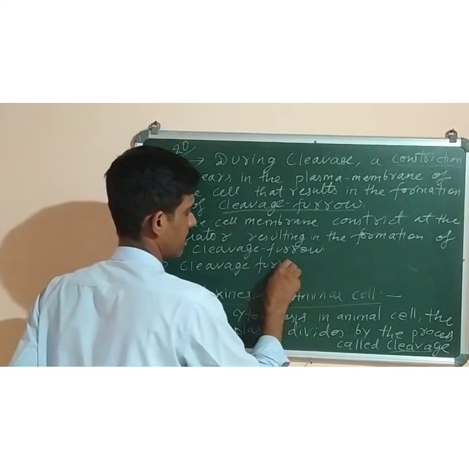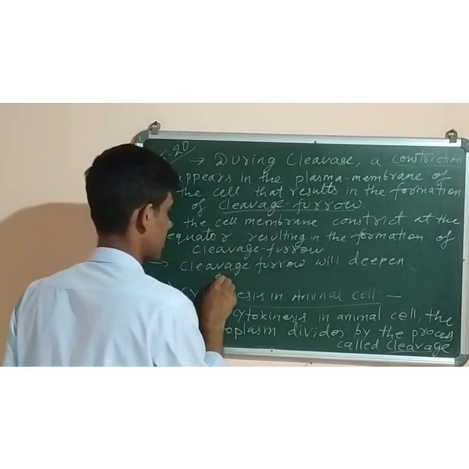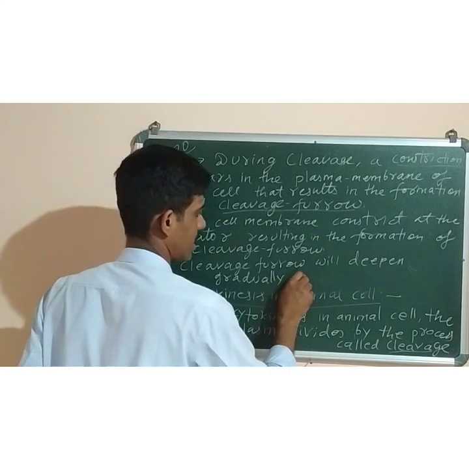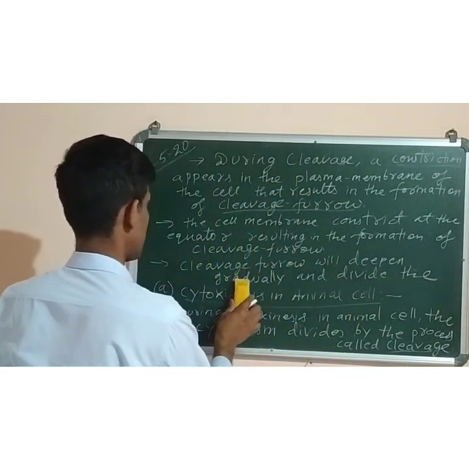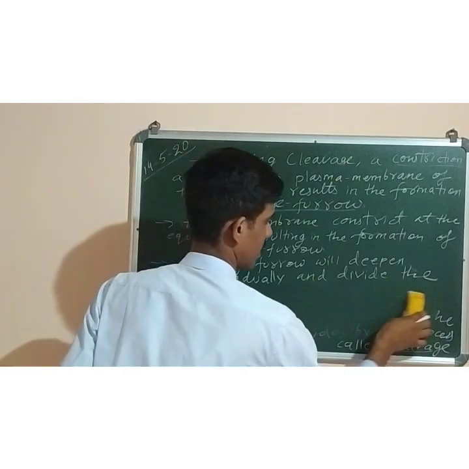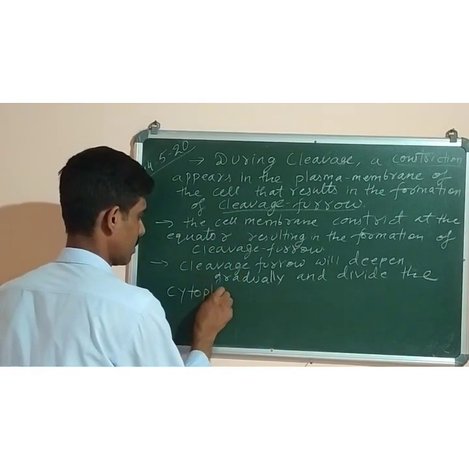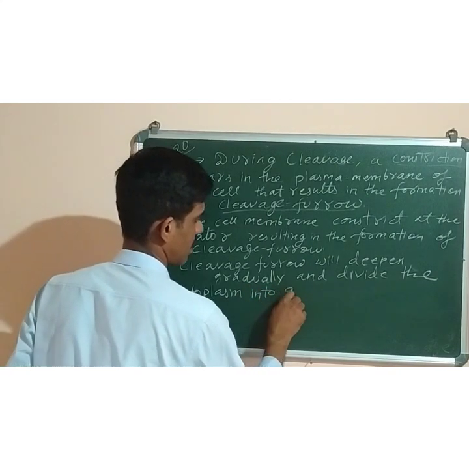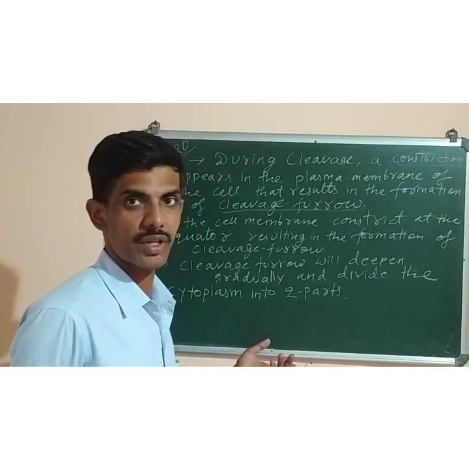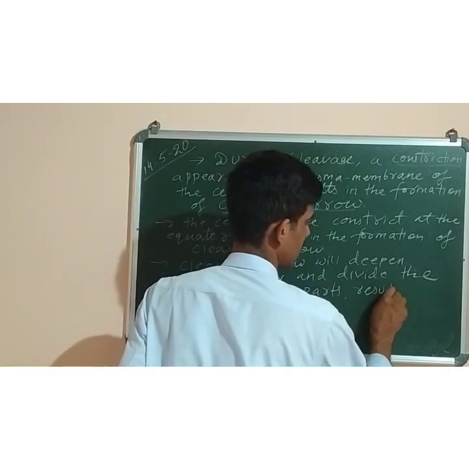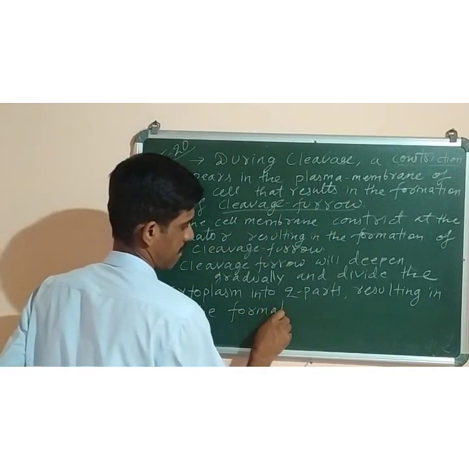It will deepen, means it will further go inside gradually and divide the cytoplasm into two parts, resulting in the production of two daughter cells, resulting in the formation of two daughter cells. Okay.